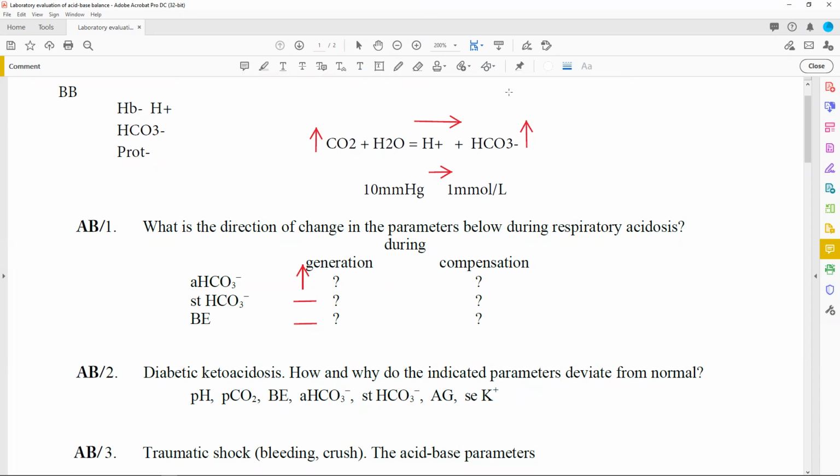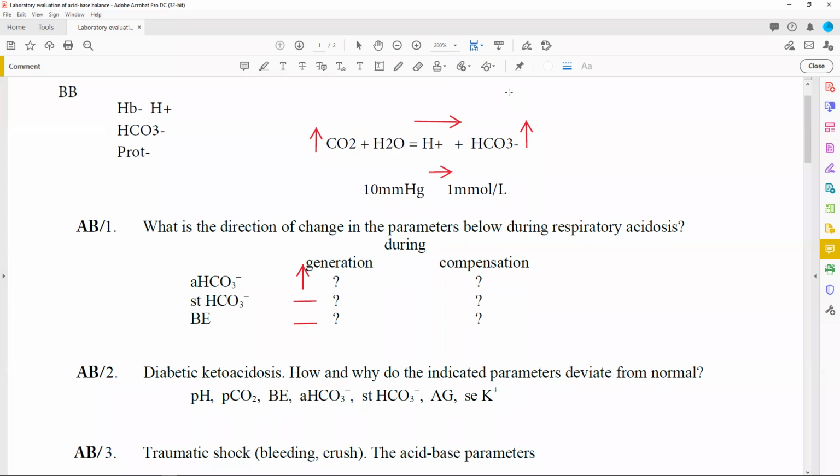For example, when the carbon dioxide partial pressure increases, the bicarbonate concentration must also change in the same direction, also increases, and that's compensation. This is not a compensation. A respiratory problem cannot be compensated respiratorily. The respiratory alteration is compensated metabolically.